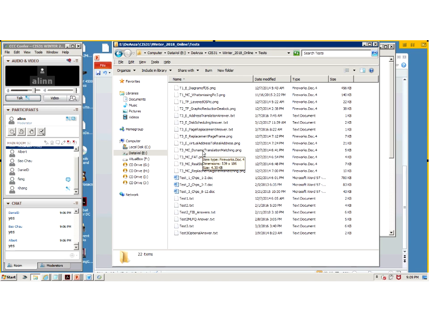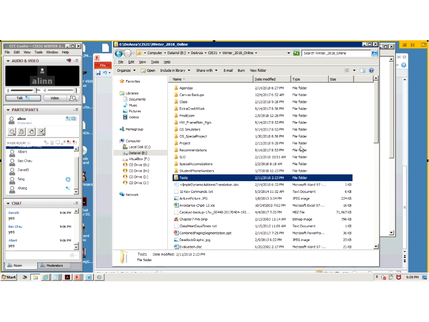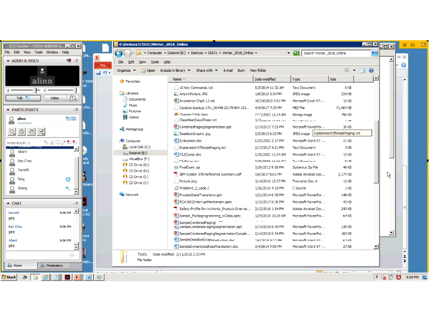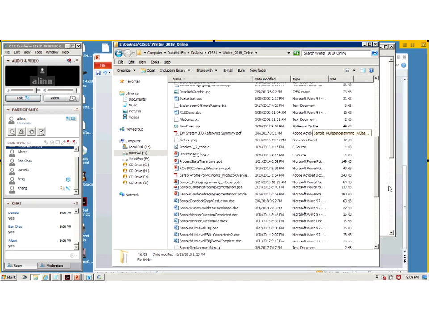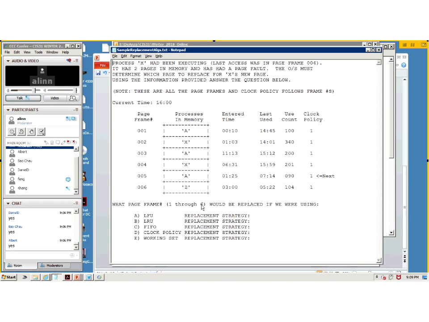I don't see any samples. I was looking for the sample. Those are all the real tests. Replacement algorithms, here they are. Okay, I'll review this before the test.